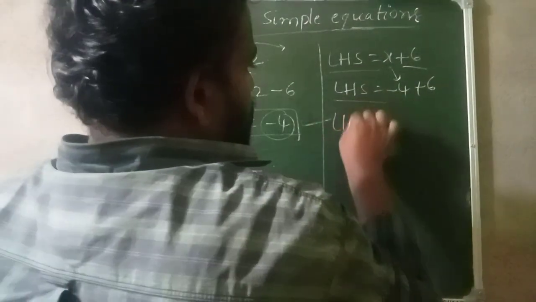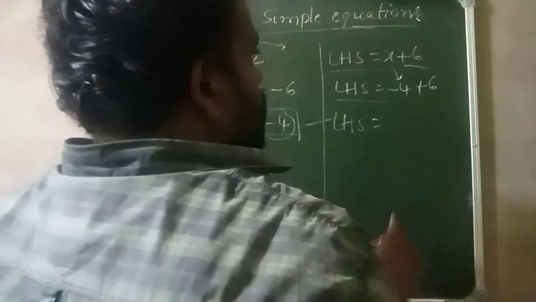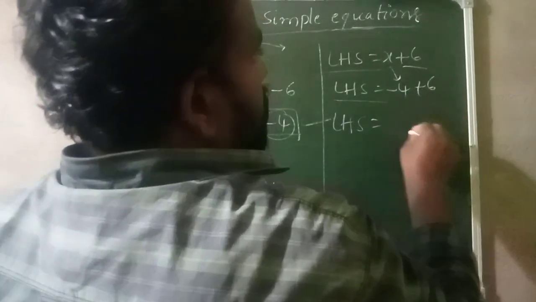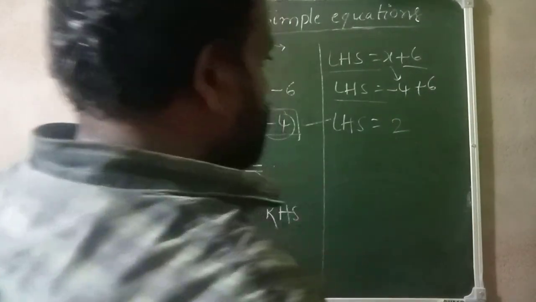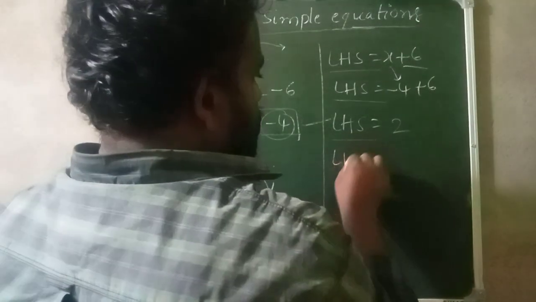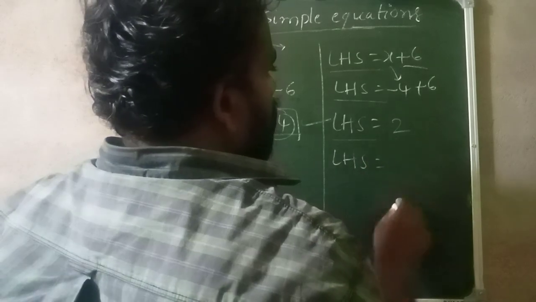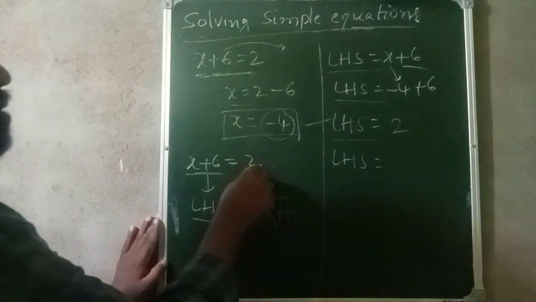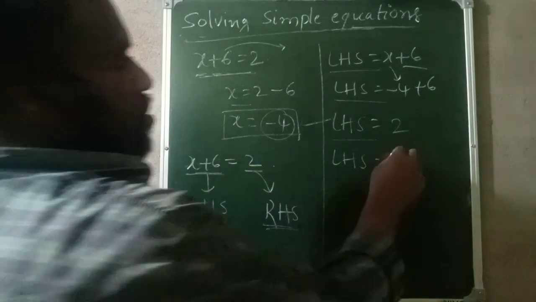Next step, write this LHS is equal to, so minus 4 plus 6, that is 2. Now write this LHS is equal to 2. I said 2 means that is RHS.